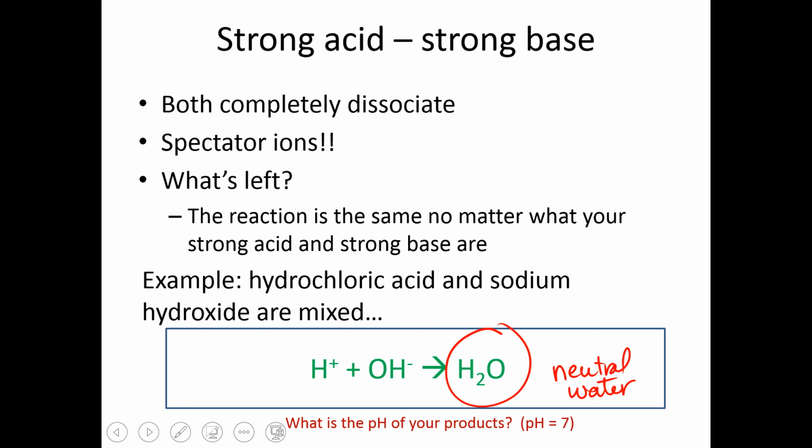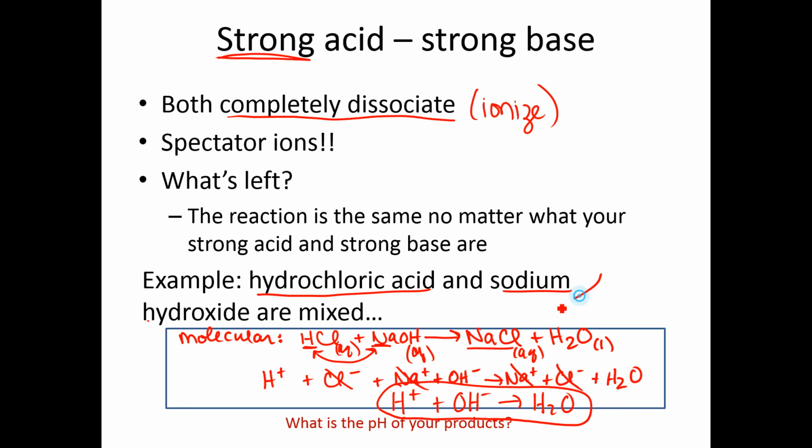Let me flip back to this previous page. Another way to think of it is the salt that is formed during a strong acid, strong base reaction is neutral. So we'll notice sodium chloride is a neutral salt. We'll find that not all salts are neutral.